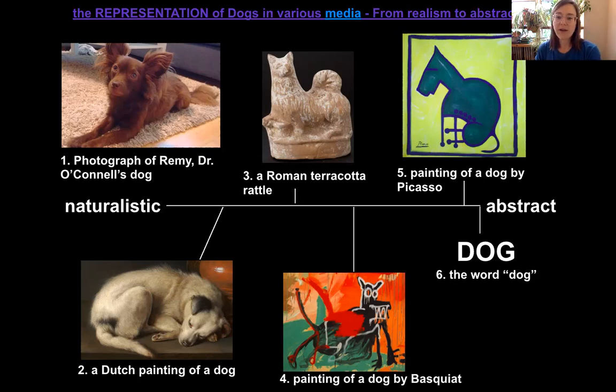All right, so 4 and 5 I picked as more abstract. You know, in a way, this gets even more subjective as to what you think is abstracted. But I just wanted to pick some pictures of dogs by artists I like. So you have Basquiat's dog at the bottom, Picasso's up at the top.